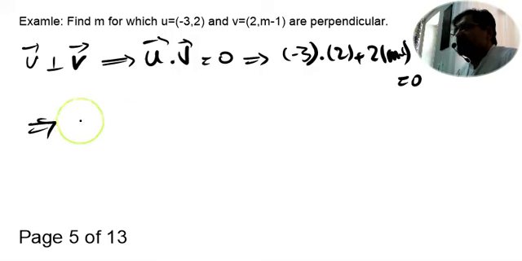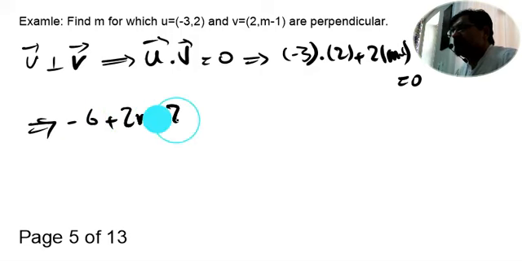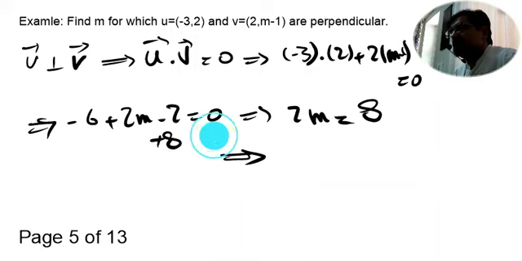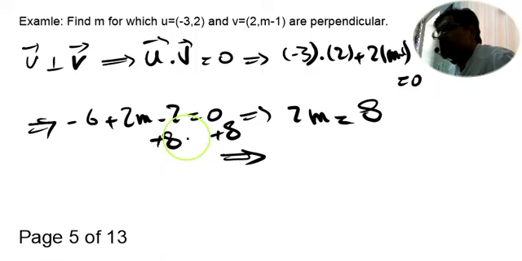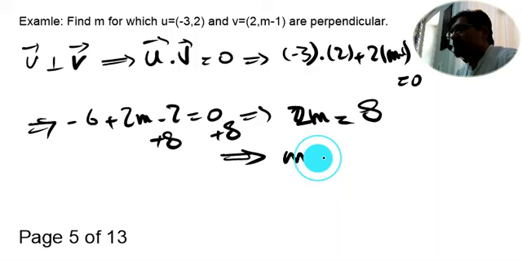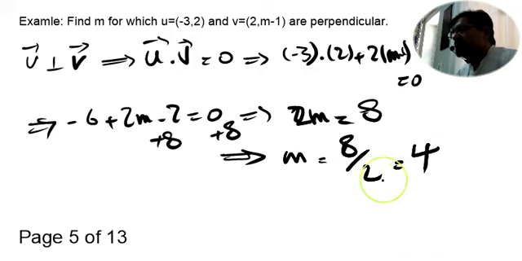Minus 6 plus 2m minus 2 equals 0, so 2m equals 8. So adding 8 to both sides of this equation, we have 2m equals 8. So m is 8 over 2, that is 4.